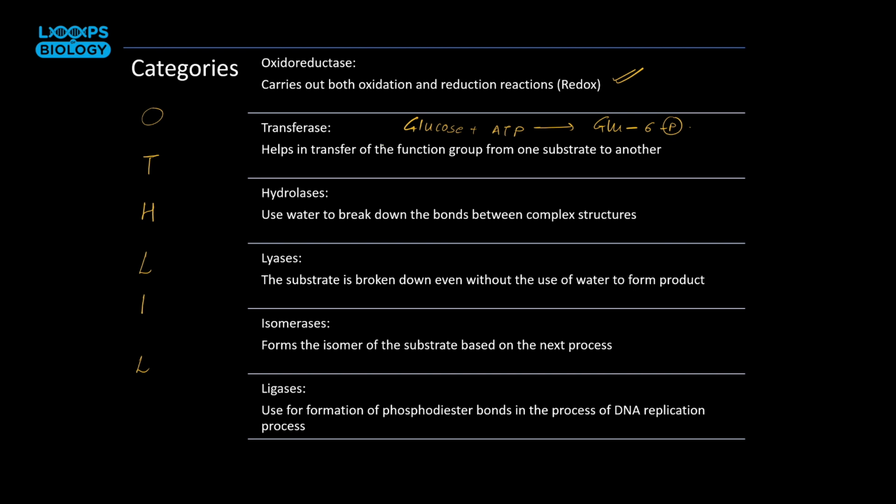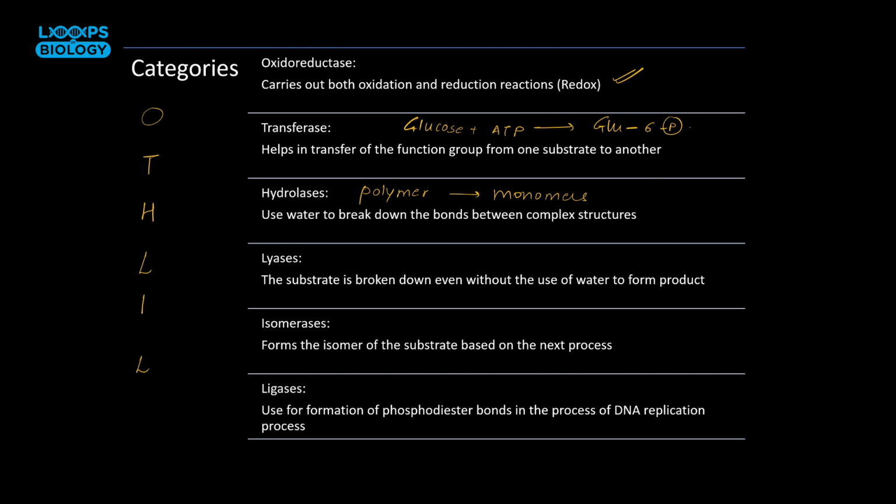Then hydrolases: this is whenever your polymers are broken down into monomers. Wherever we remove water to form a bond, the enzyme will utilize water to break that bond again by providing H plus and OH minus to the respective monomers. Then lyases: without using water, whenever we break a particular bond, that is called lysis.